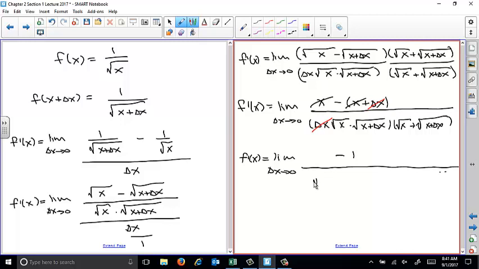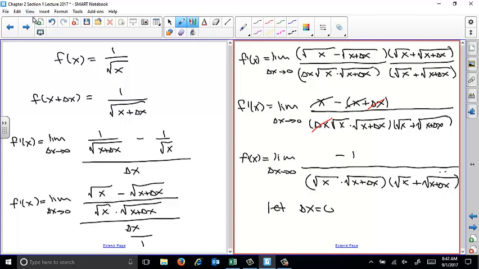So what I have left is the square root of x times the square root of x plus delta x times the square root of x plus the square root of x plus delta x. And then you let delta x equal to 0.